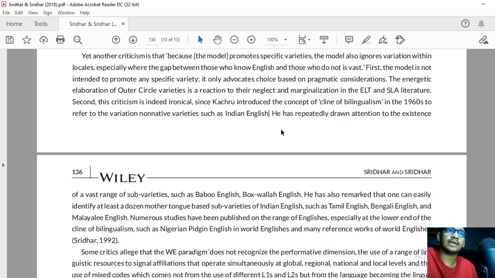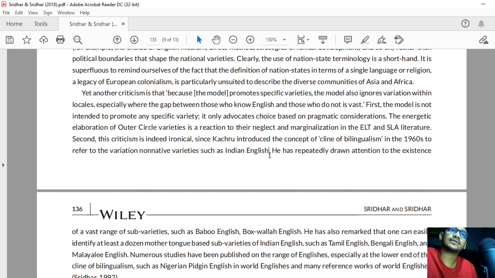One of the primary reasons was that he wanted bilingualism and multilingualism to be the norm, because in the past, as we've discussed, monolingualism was the norm, and Kachru wrote against that.